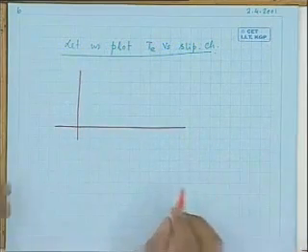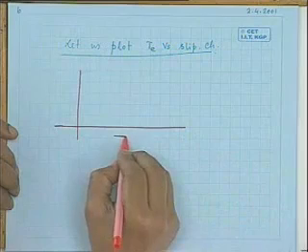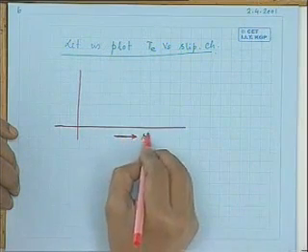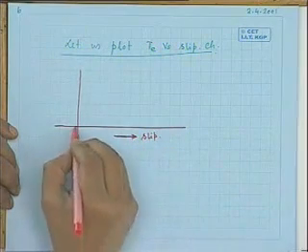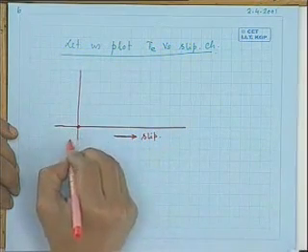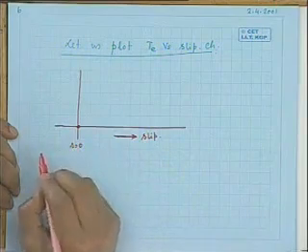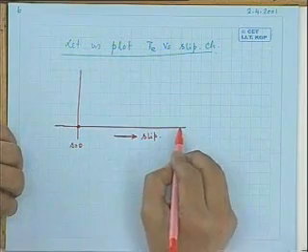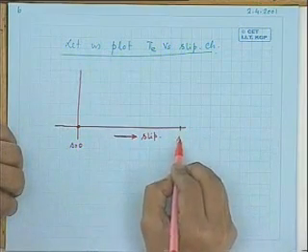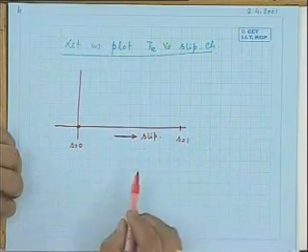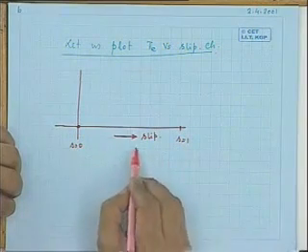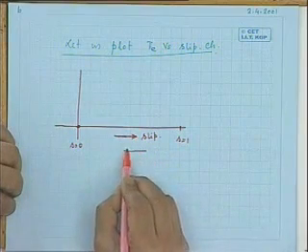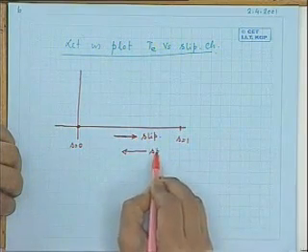Suppose on the x-axis we plot slip. This point is suppose S equal to 0. What is the maximum possible value of slip? 1. So suppose this point is S equal to 1. And obviously, if this is your slip axis, your speed is like this.